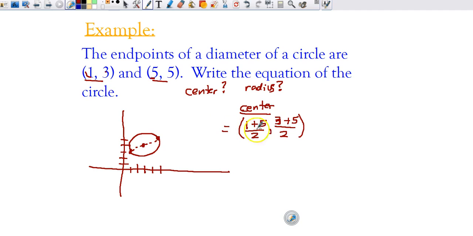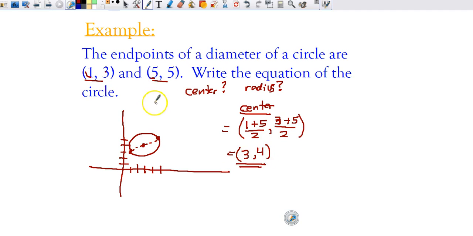So if we check that out, that's going to be 6 over 2. 6 divided by 2 is 3. And that's going to be 8 divided by 2. That's going to be 4. So you can get the midpoint using the midpoint formula, and in some cases you can look at the graph and get that too. But anyway, that's your center.